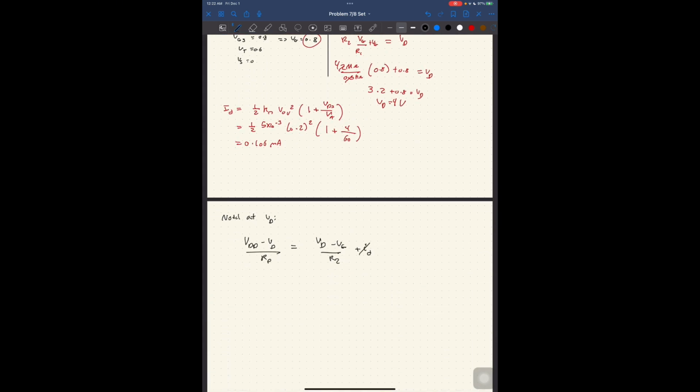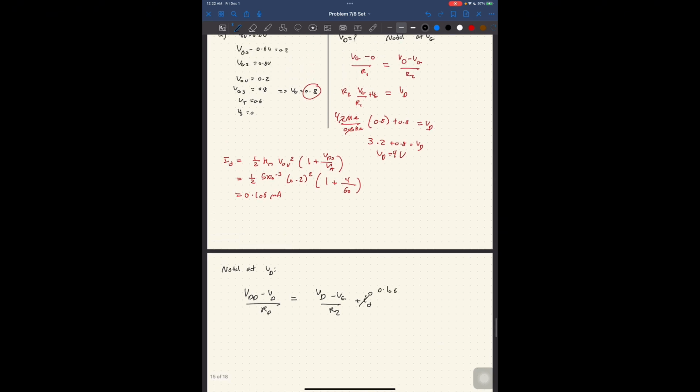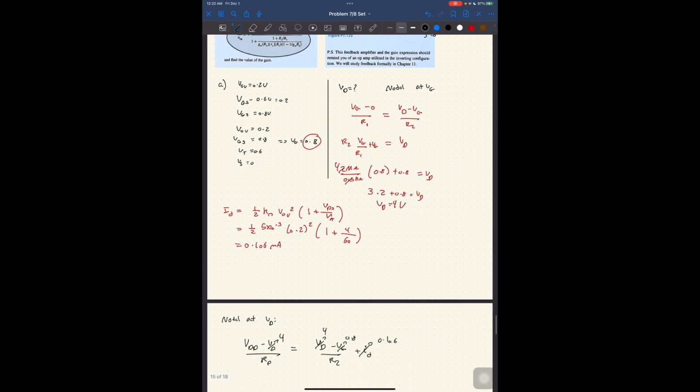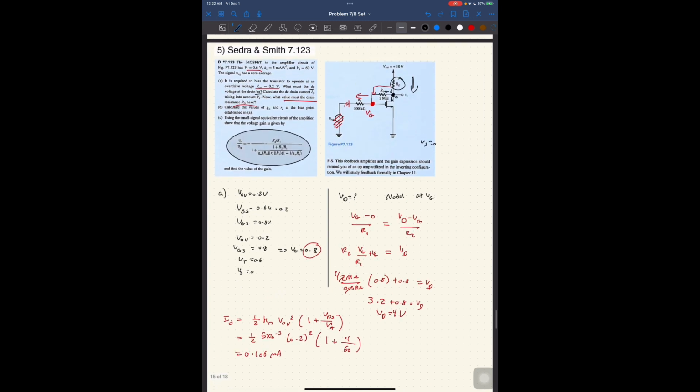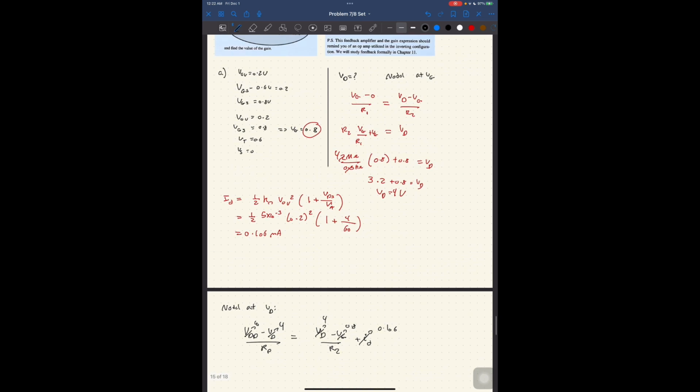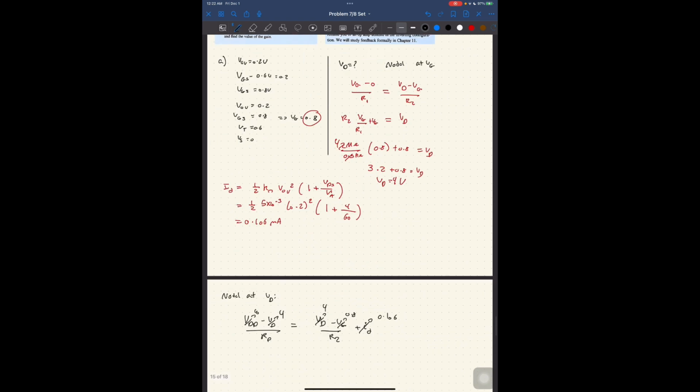Where ID is nothing but 0.106, VD is 4 volts, VG is 0.8, VDD is 10, RD is what I'm looking for, and R2 is 2 megaohms.